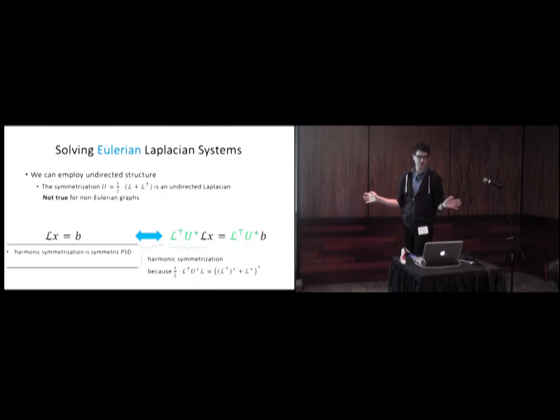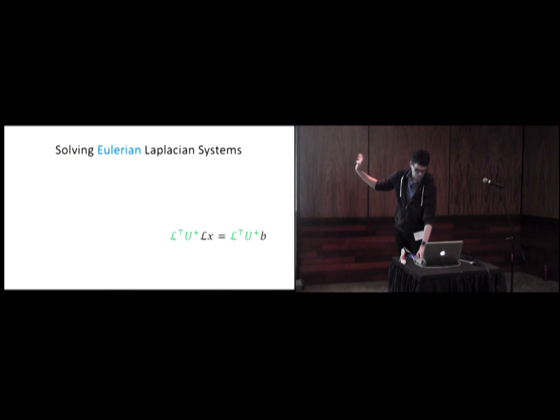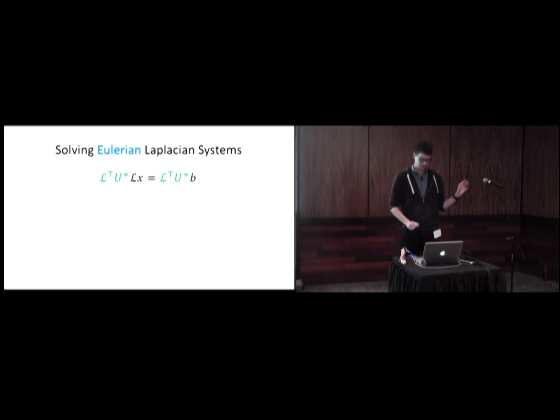This is a sane system, first of all because the matrix on the left-hand side is symmetric and PSD. And the other reason is that, if my Laplacian was undirected in the first place, this is just going to be a standard system, Ux = b. So let's try to throw our basic tools at solving this linear system. The classical approach is preconditioning, which is something that Rasmus also told you about.